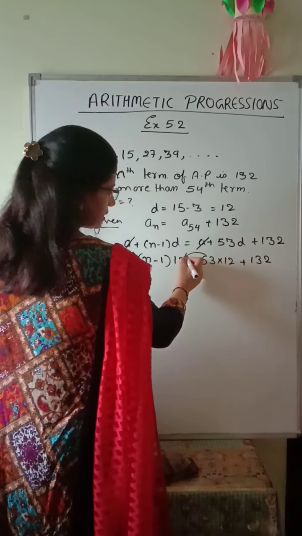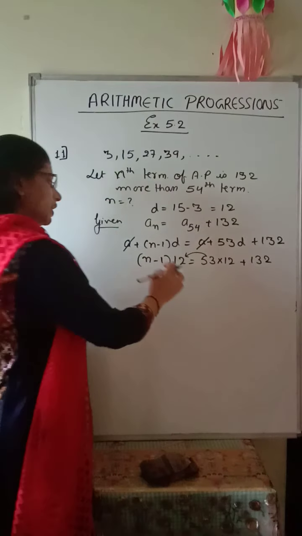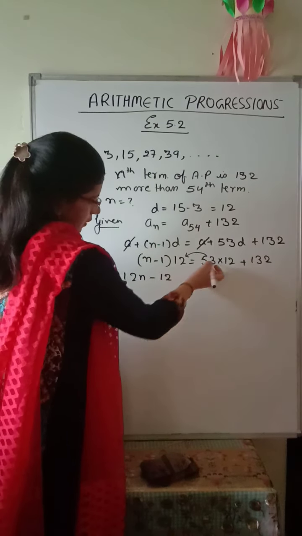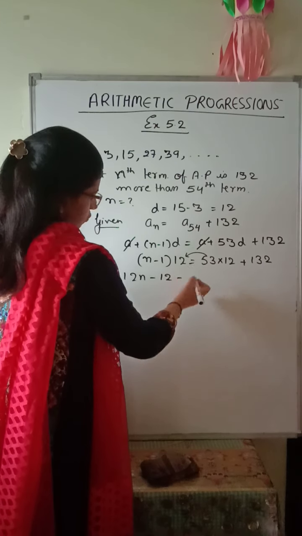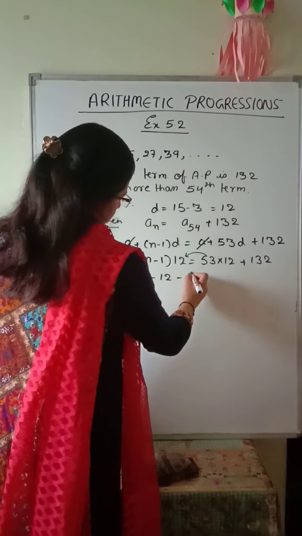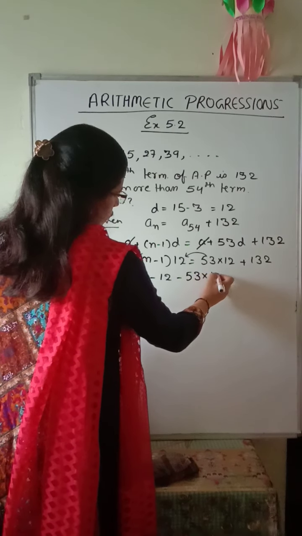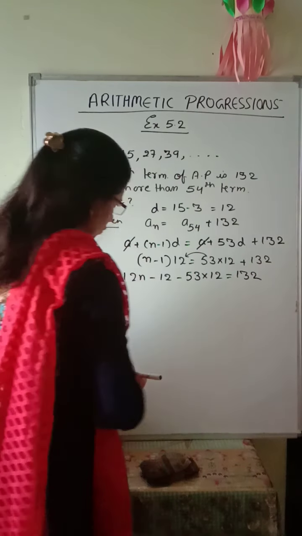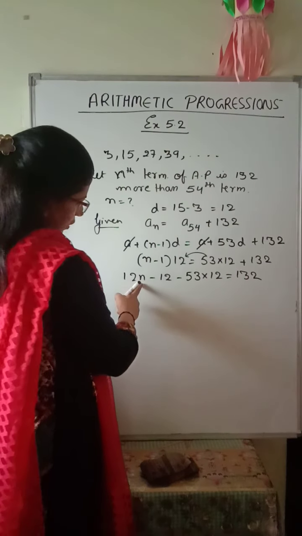Let me bring this side. Before that I am opening the bracket. So 12n minus 12 minus 53 into 12 equals 132. So we have to find the value of n.